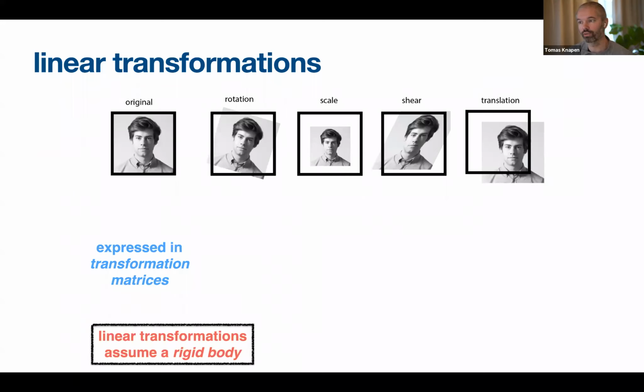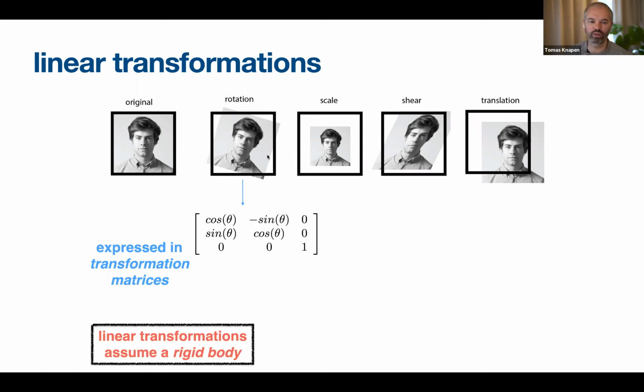So also a 3D image can be transformed linearly as a rigid body, and that can then be expressed in transformation matrices. So for 2D, this affine transformation, you need a 3x3 matrix. And if you have a 3D image, you need a 4x4 matrix. So if you rotate an image, you have these cosines and sines of some angle.